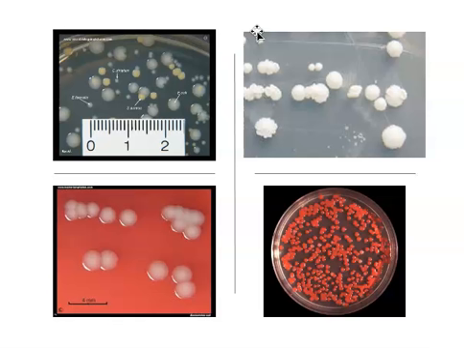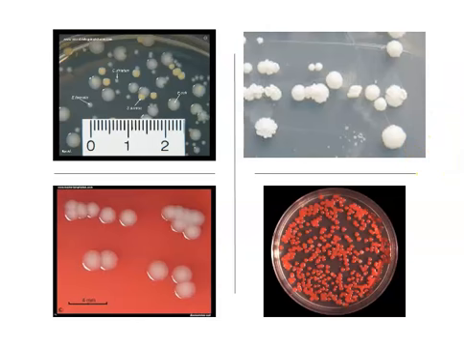And one of the features of this organism is that it secretes a waxy material. It's called mycolic acid, and it really does have the consistency of wax. And because it's secreting this wax, we end up with these very strange looking colonies, even though they are all produced by the same organism.